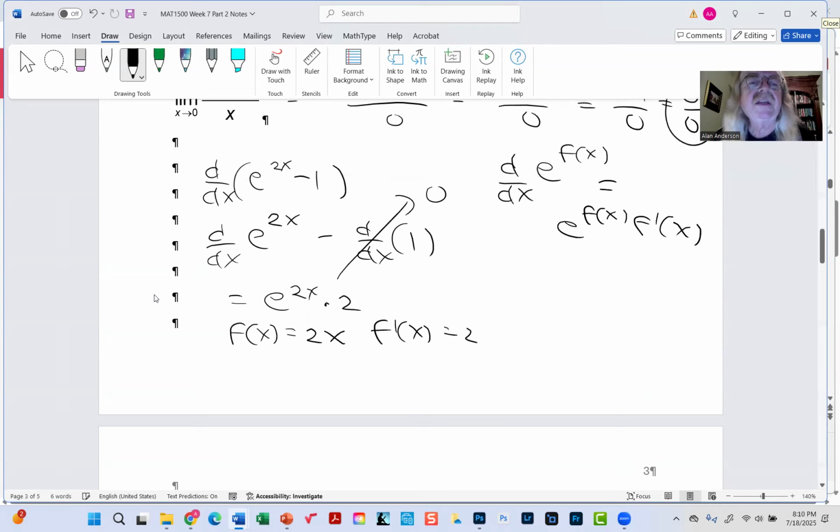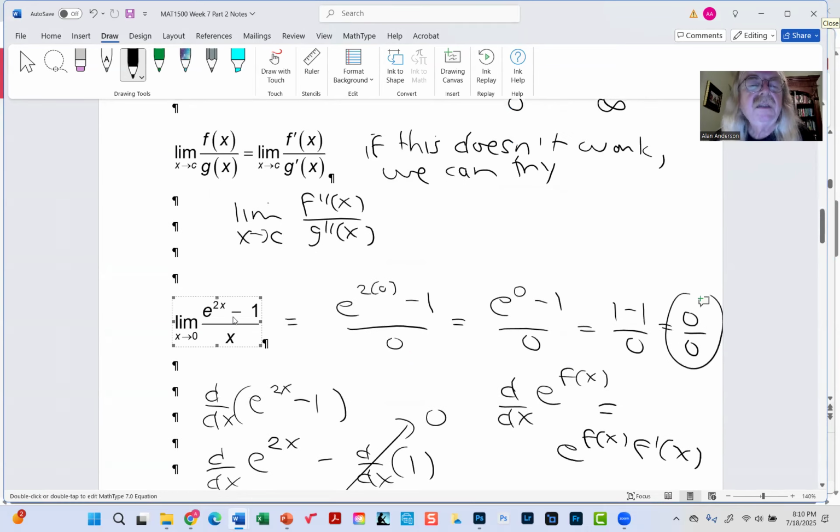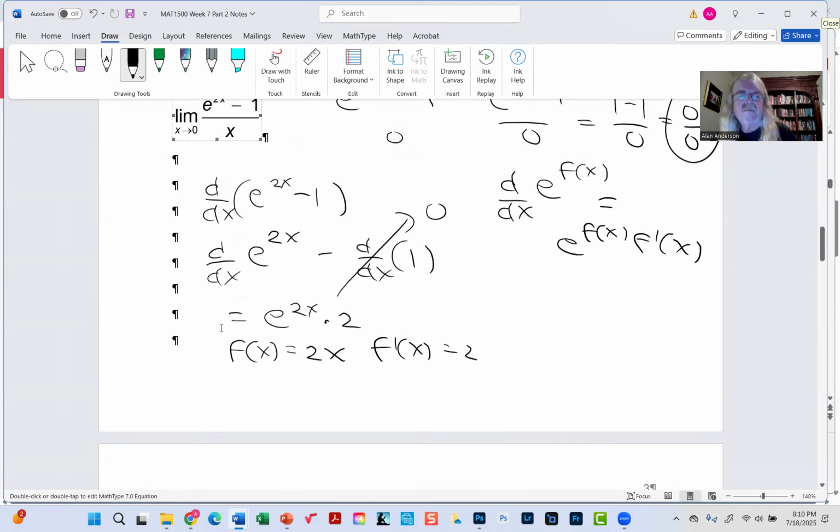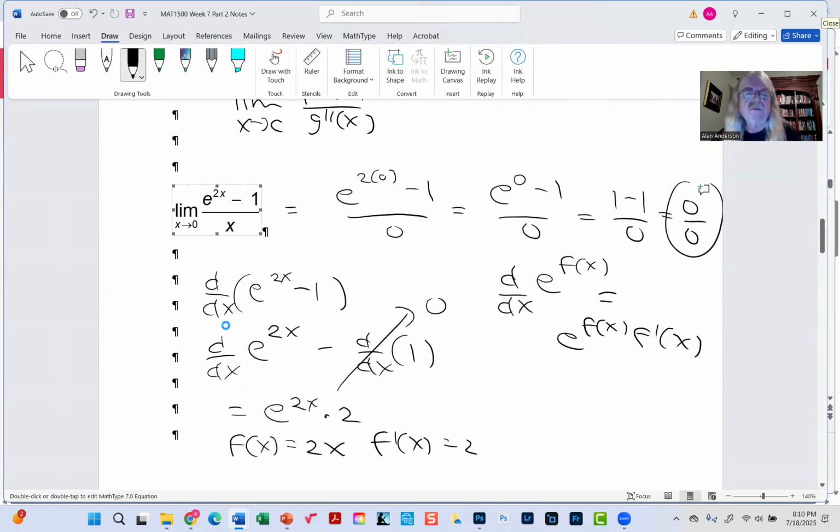All right, so in other words, what we're saying here is that in this limit, the derivative of the numerator is 2e to the 2x. Okay, so starting with this is our original limit.